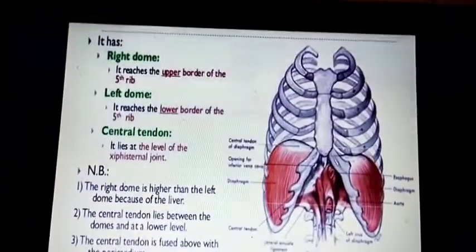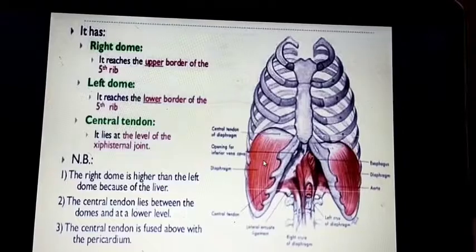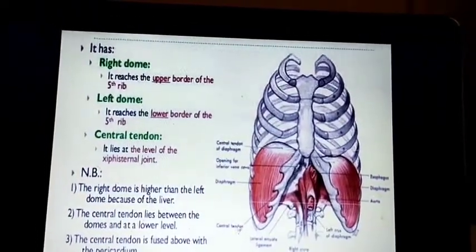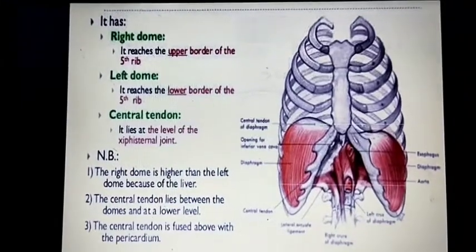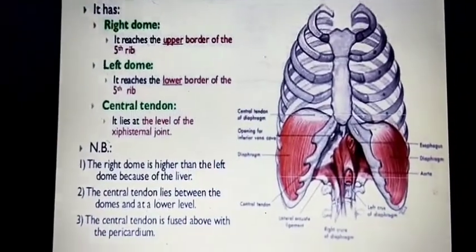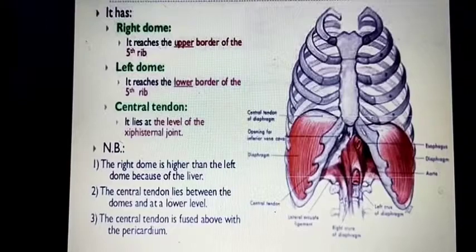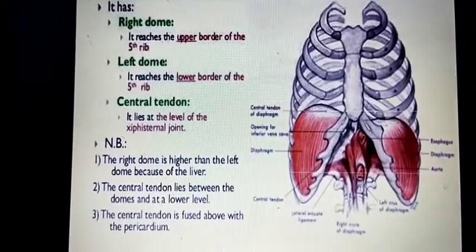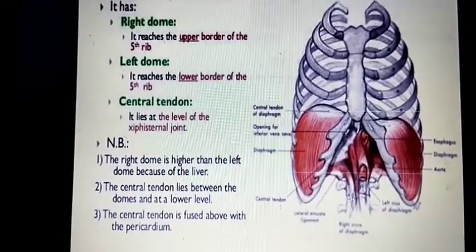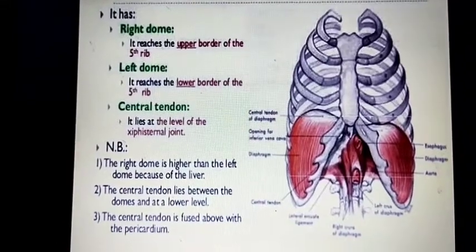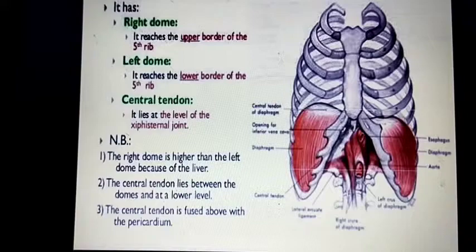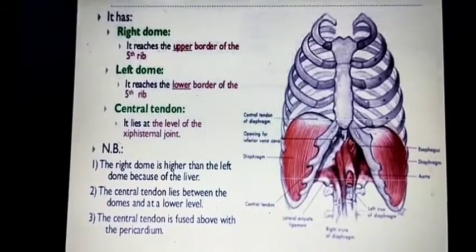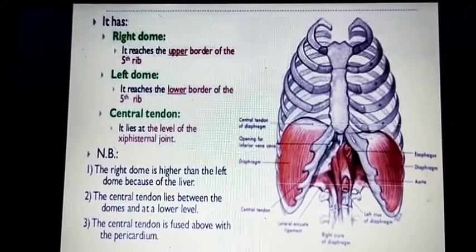Now we can explain the right dome, from where to where it is present. The right dome reaches the upper border of the fifth rib, and the left dome reaches the lower border of the fifth rib. Why is it higher on the right side? Because just below it the biggest organ is present, which is the liver.